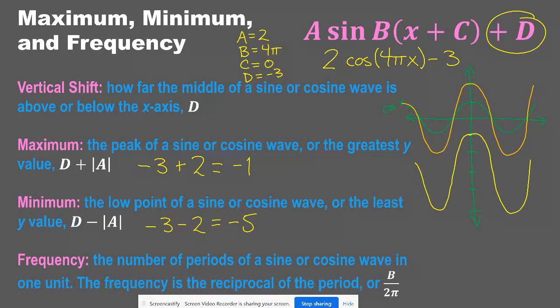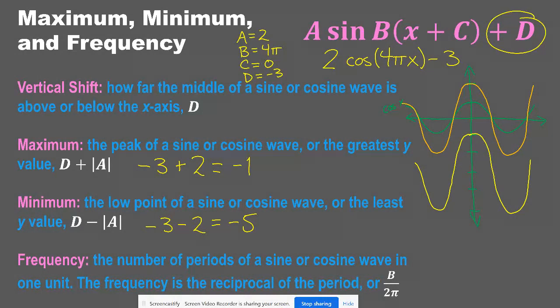The other thing we're going to talk about is frequency. So we've talked about period, which is very helpful when we're making a graph. It tells us how long it takes for the function to run through one cycle. And that's very helpful when we're identifying points like on the x-axis and trying to sketch a graph. But what's probably more useful when we're doing, say, word problems is this other measure, which is frequency.